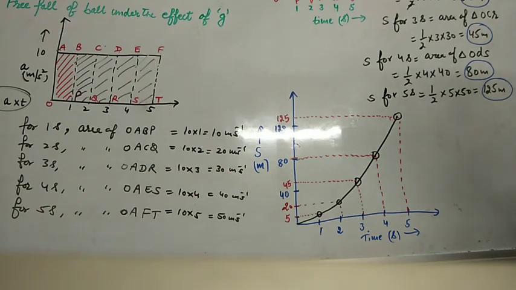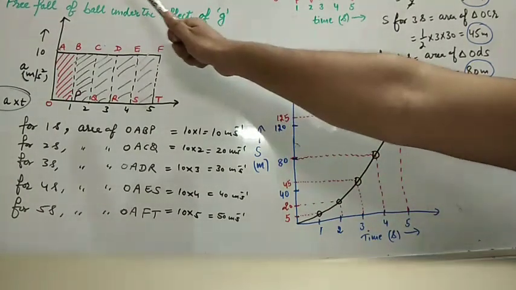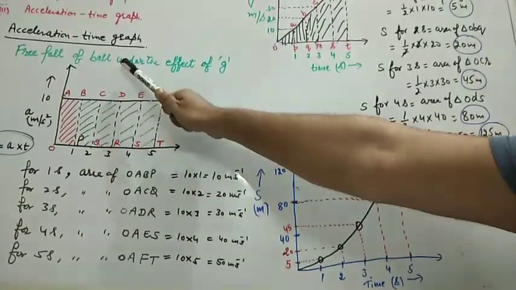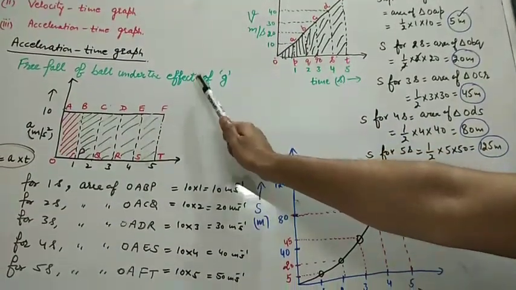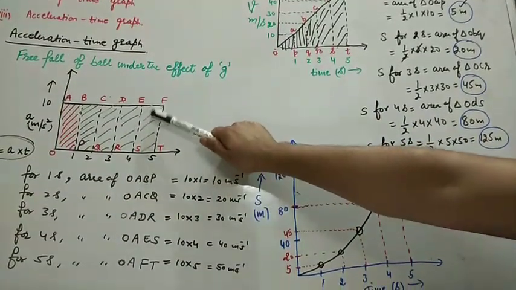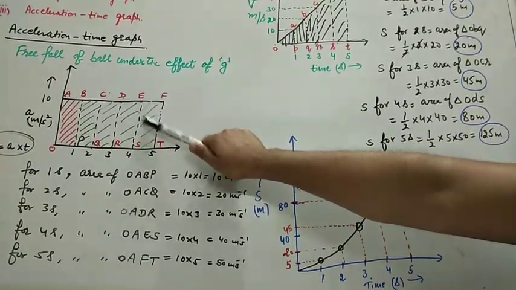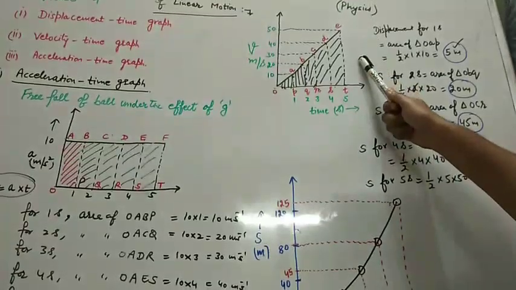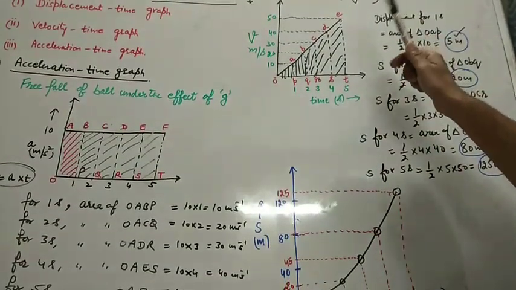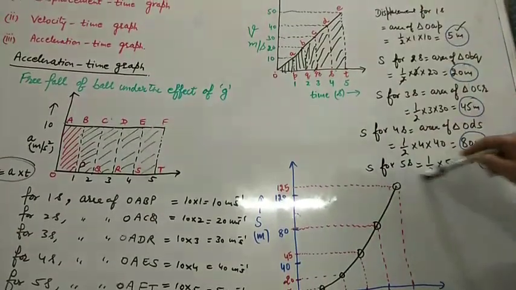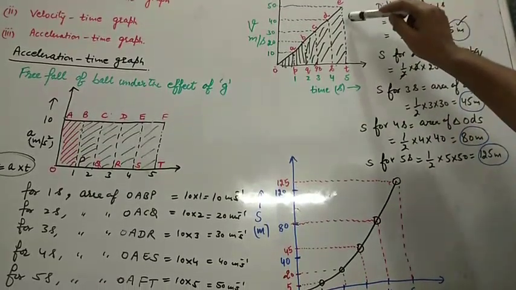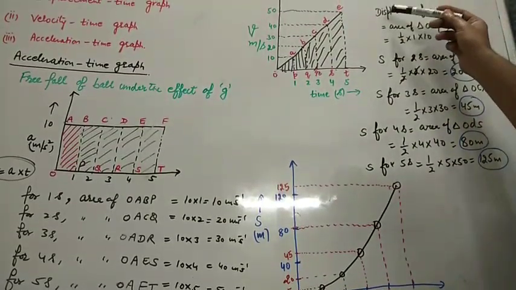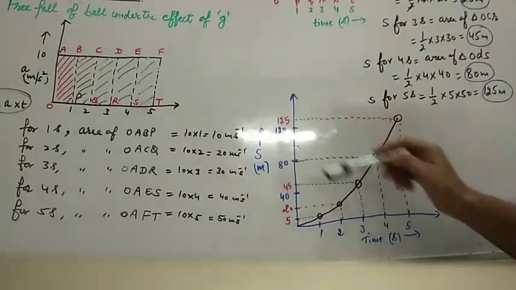So in this part we have seen, as the example is the free fall of a ball under the effect of gravity, this is the acceleration time graph. From this graph, we can easily get the velocity time sketch, and by the velocity time sketch, this calculation, we can easily draw the displacement time graph.